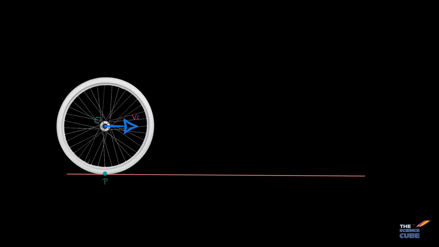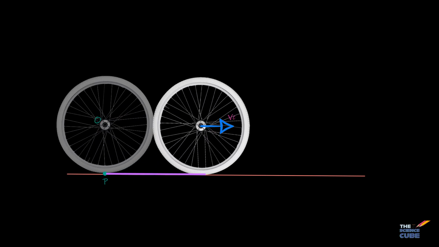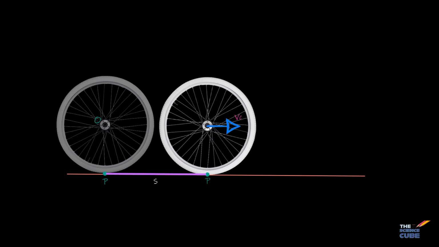Now, consider a time interval t in which both O and P move ahead by a distance s, and the rider can see the wheel rotate through an arc, and let us say the angle of movement is theta. As a result, point P that was touching the road at t equal to 0 seconds should also have moved through an arc length s.